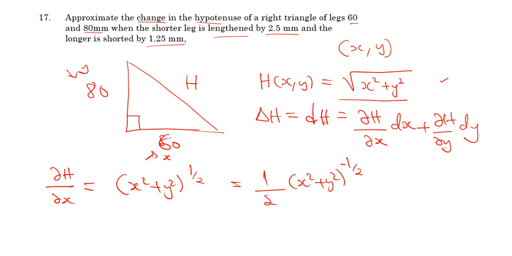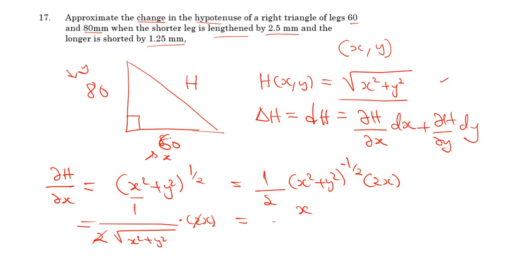Then I differentiate the x squared and get 2x. Writing this nicely, it becomes 2x over the square root of x squared plus y squared. The 2s divide, and I get x over the square root of x squared plus y squared.